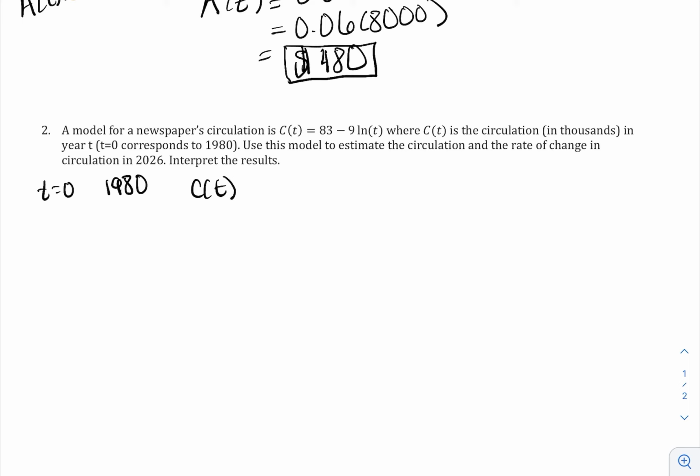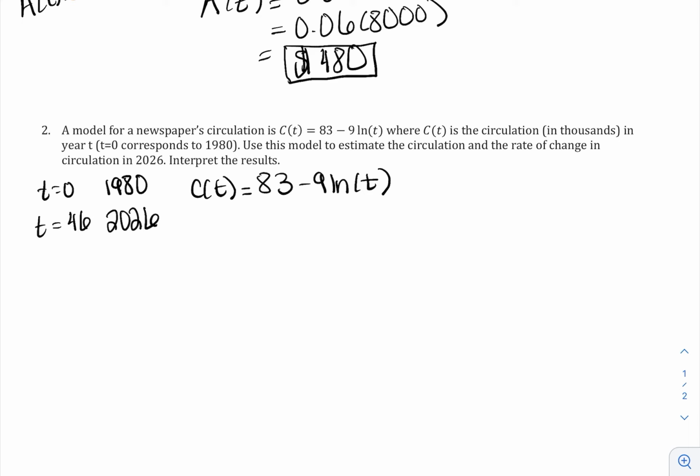C of t is in thousands, the newspaper circulation. So we want this to estimate the circulation and the rate of change in circulation. So you want how much it's circulating and also how much it's changing in 2026. Okay, so 2026 is 46 years after 1980.